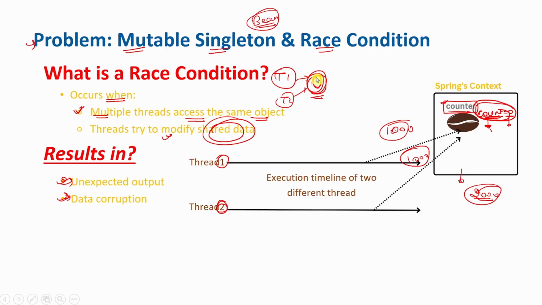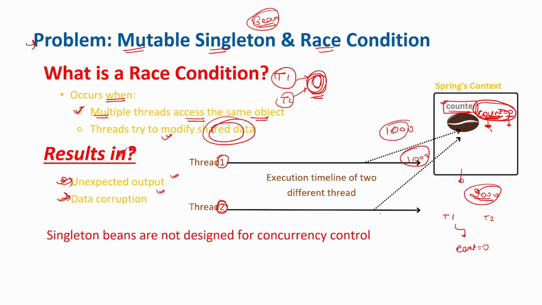It is happening because multiple threads try to modify the shared data, and due to this there is unexpected output and data corruption. Why? Suppose currently the count value is 0, and both t1 and t2 come here. Let's see what is happening.